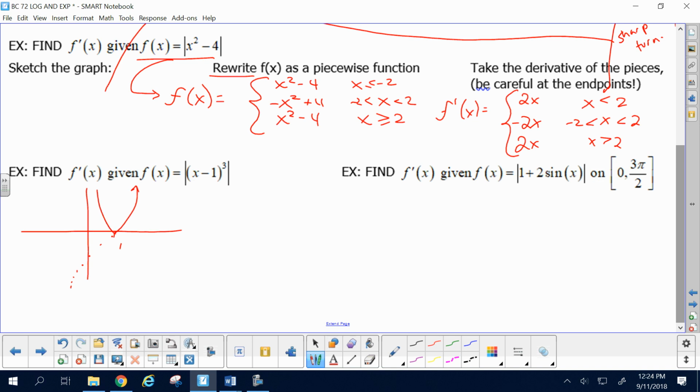Yeah, it's going to be 0. So that's good. It is super continuous.